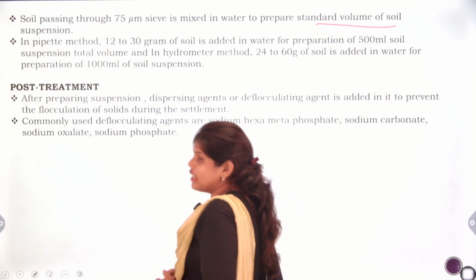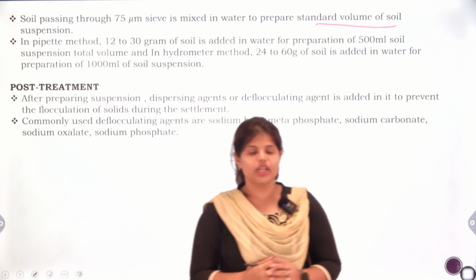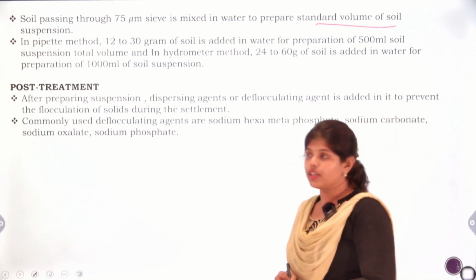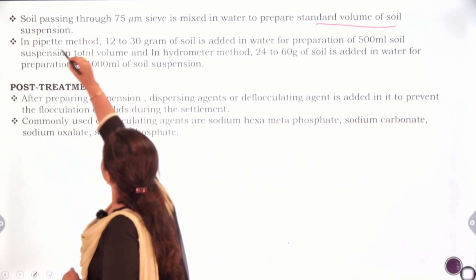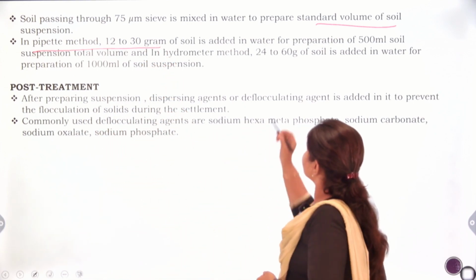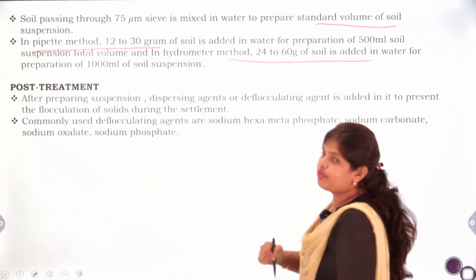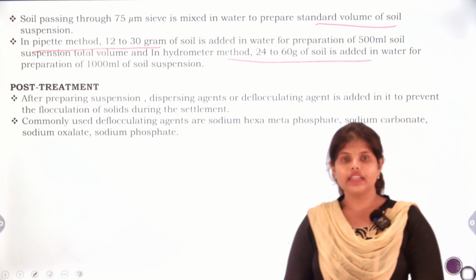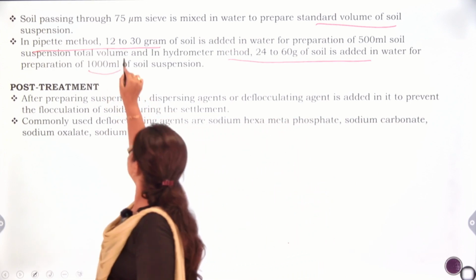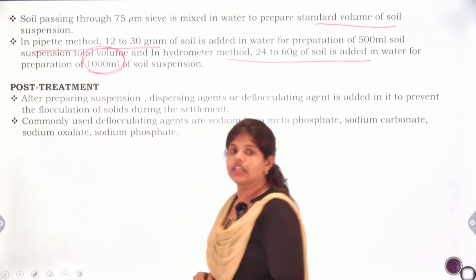In the pipette method, 12 to 30 grams of soil is added to water, and in the hydrometer method, 24 to 60 grams of soil is added, for preparation of 1000 ml of soil suspension.